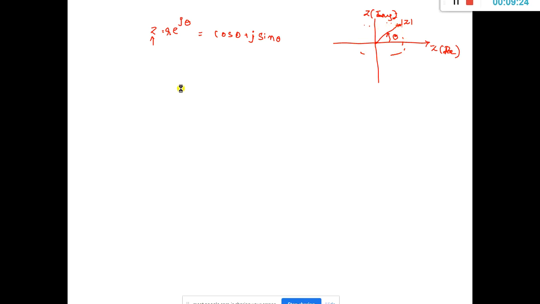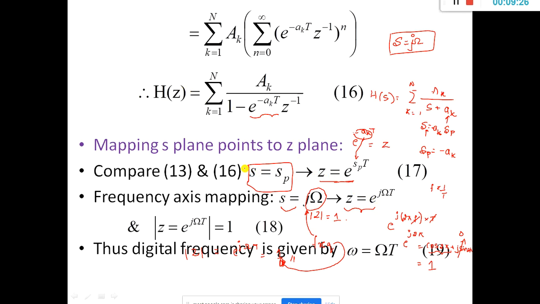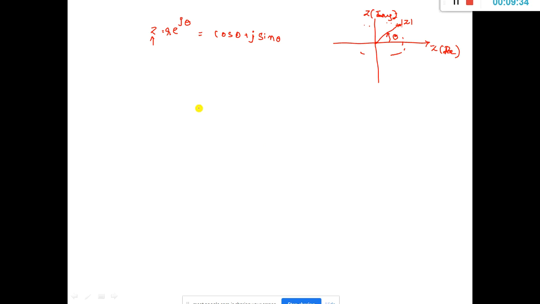So here if you observe, z is equal to 1, which means the entire frequency omega, the angle. Here z is equal to e to the power of j omega t, and if I substitute, this is 2 pi f into 1 by f, which is going to give me 1.